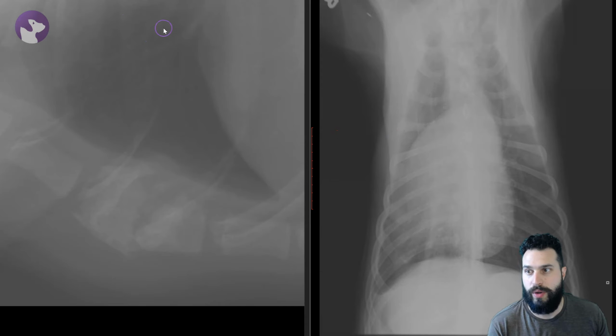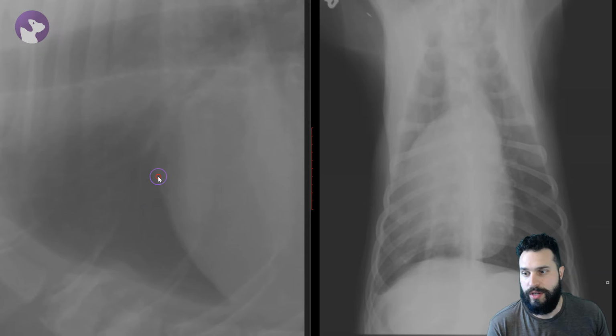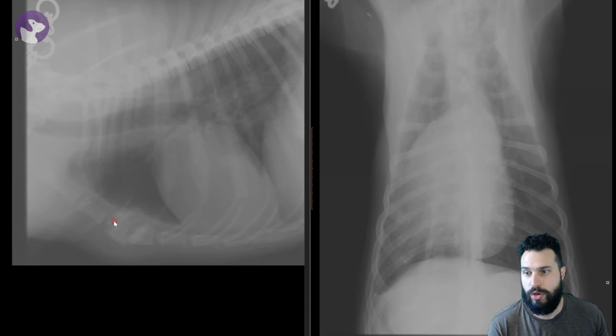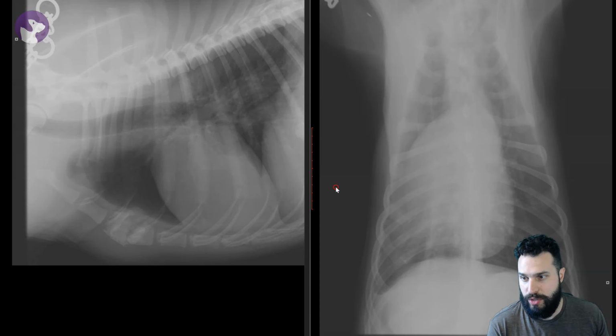Another thing I just wanted to point out was some of the changes to the pulmonary parenchyma here. These radiographs are actually a little bit overexposed. If we reset our window level here, we can see that this cranioventral pulmonary parenchyma is a little bit overexposed. If we window level that, we can bring back most of that, and that's because of the dynamic range of these radiographs and the exposure latitude there.